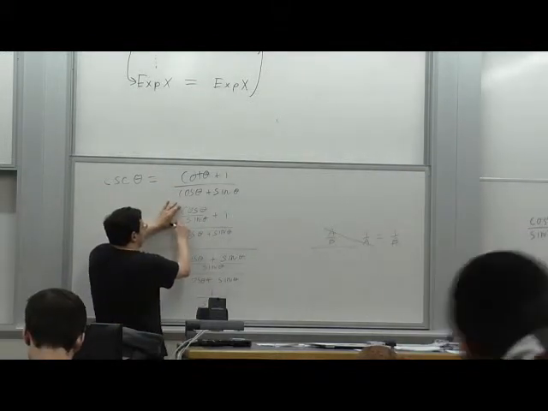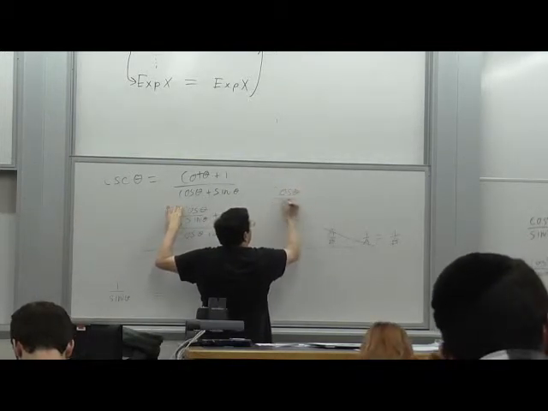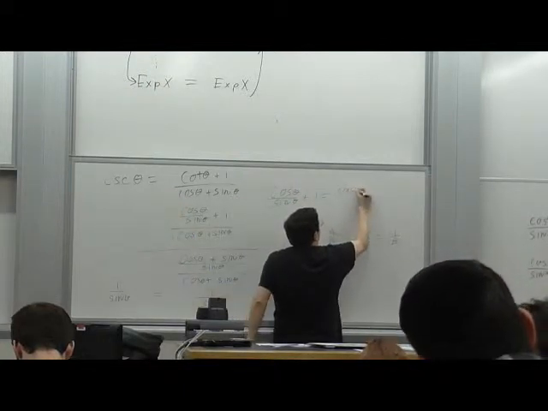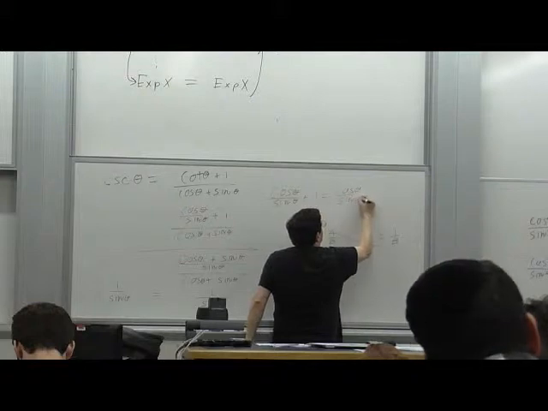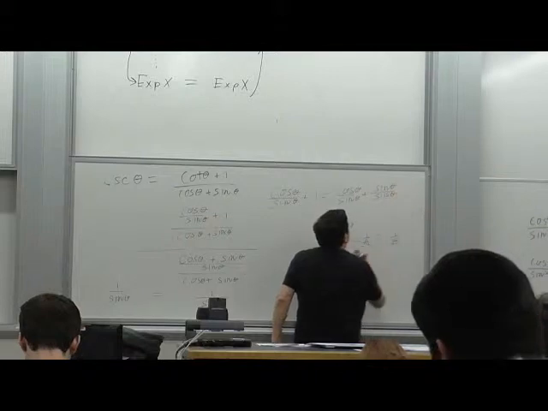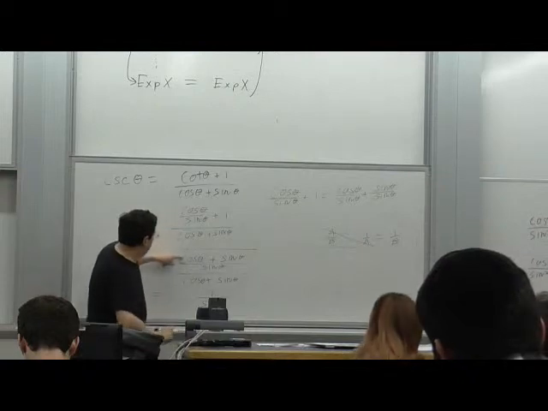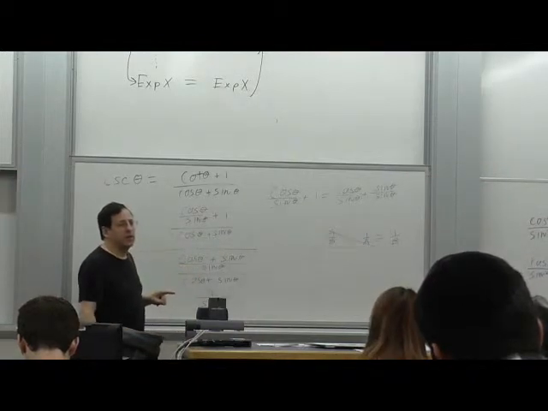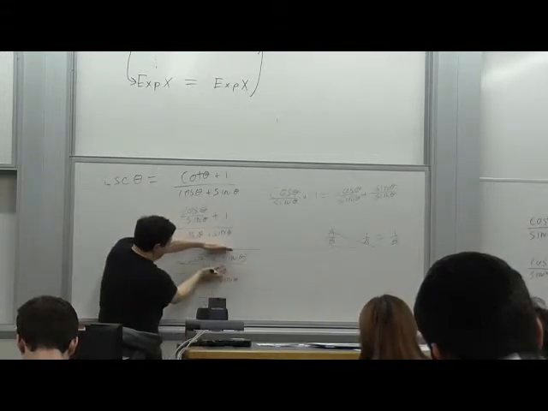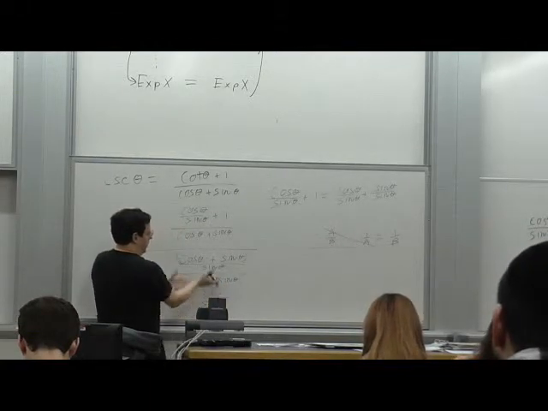Okay, so cosine over sine plus 1, that's just cosine over sine plus sine over sine. And now I have a common denominator, so it's just cosine plus sine over sine. And now my numerator of this fraction is the same as my denominator of this fraction. So I can just get rid of it.